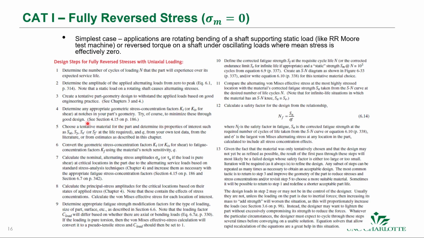And then if we haven't already, or if we don't have a requirement for a material, we have to pick a material. Okay, so we'll pick a material based upon what we need in terms of its tensile strength, yield strength, endurance limit, or fatigue strength if it's a wrought material like aluminum, and then its notch sensitivity.